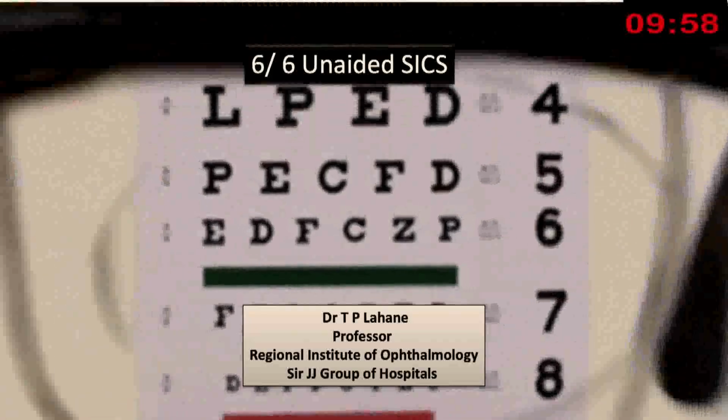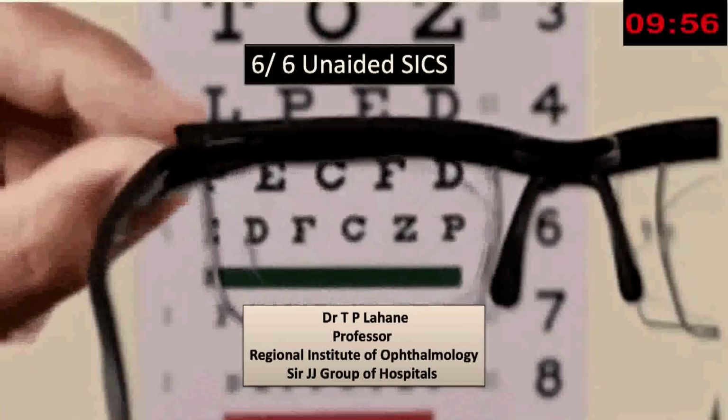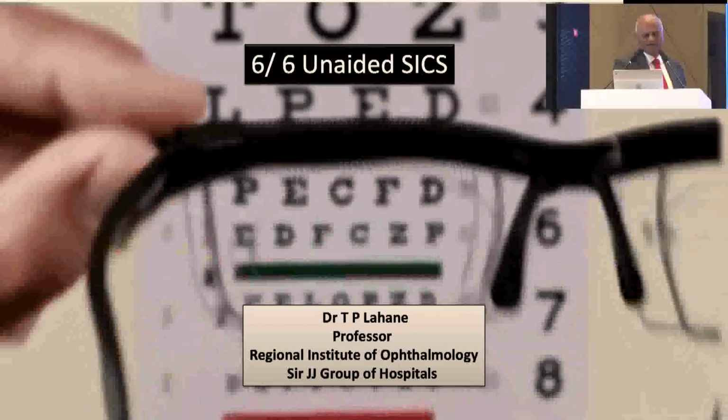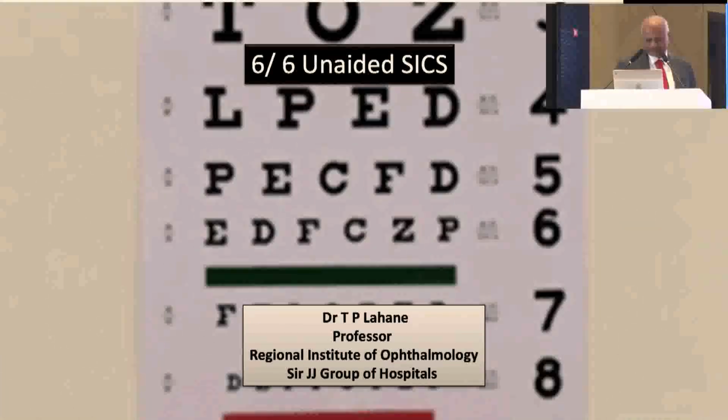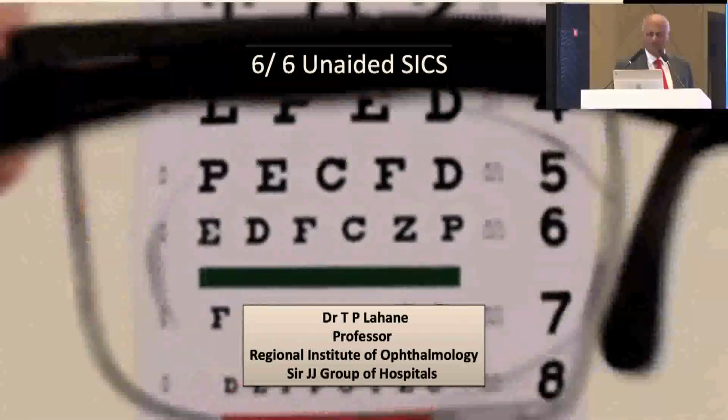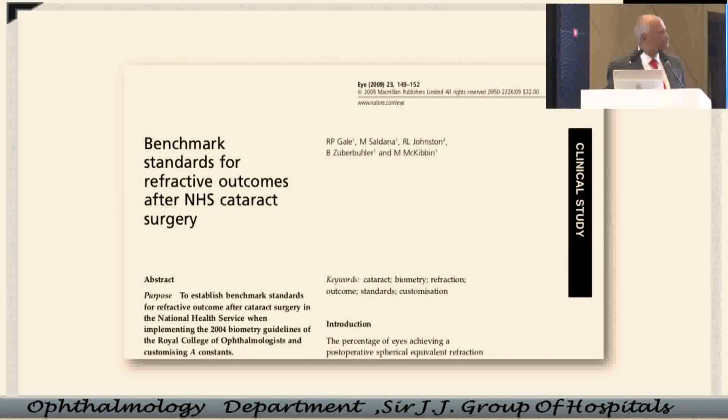Now, unaided in SICS. Whenever we think of SICS, we always think it is an inferior surgery. But what we do in JJ, or in the camps also, definitely maximum patients can get good vision, that is 6x6. Now, who decided the benchmark?